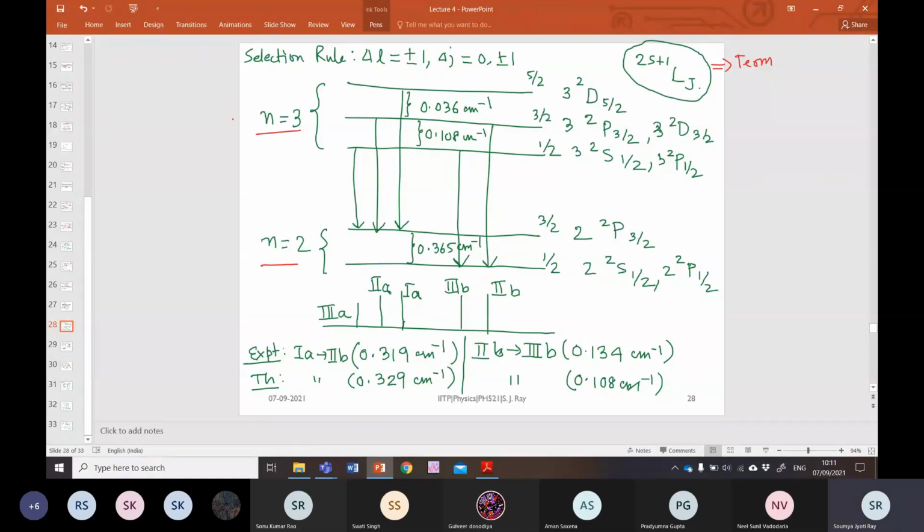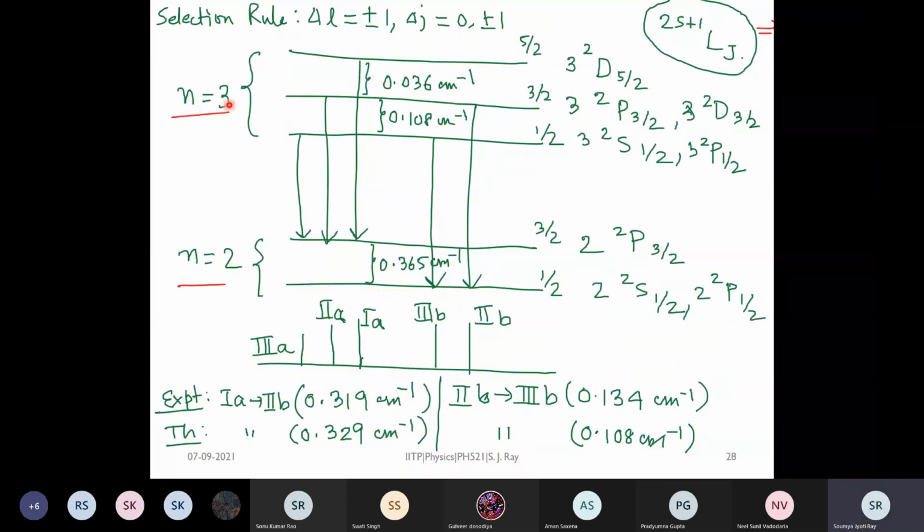So for n equal to 3, I have 3 different values of J which are possible, so I have drawn 3 different energy levels. This is for J equal to 5 by 2, this one is for J equal to 3 by 2, and this is for J equal to half. And the terms which can be associated with these energy levels are the following.